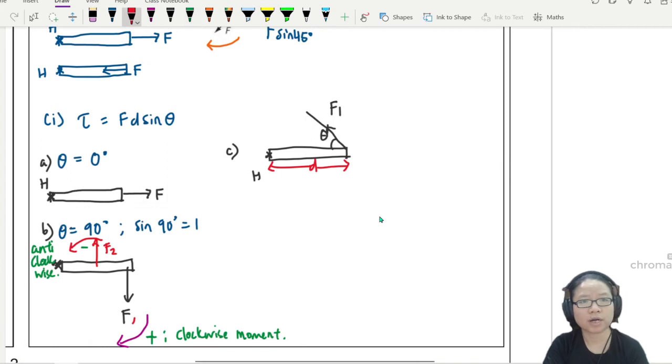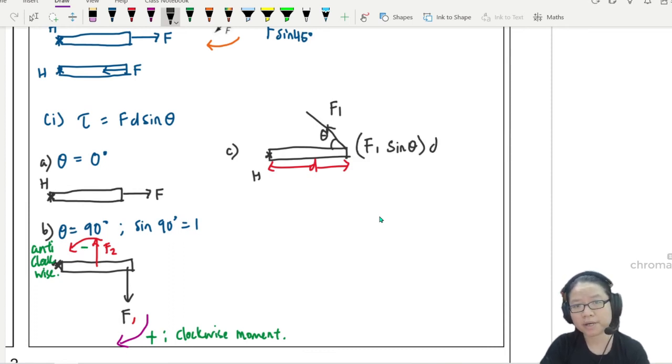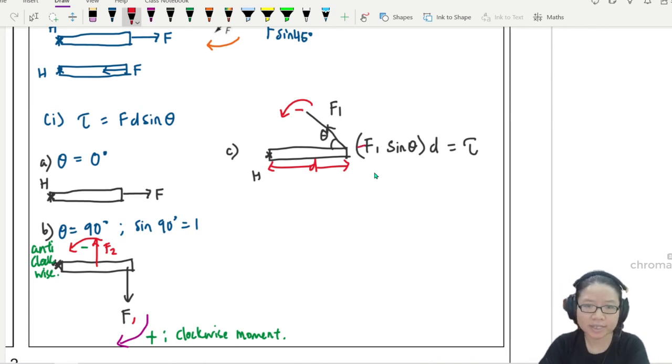So in this case, this will be F1 sine theta multiplied by D is equal to the torque. Because this is counterclockwise, if we follow the previous convention, this will be negative. So torque will be negative F1 sine theta times D.